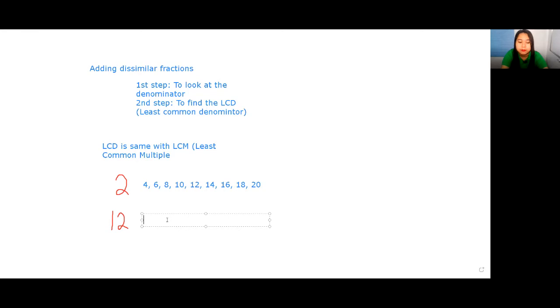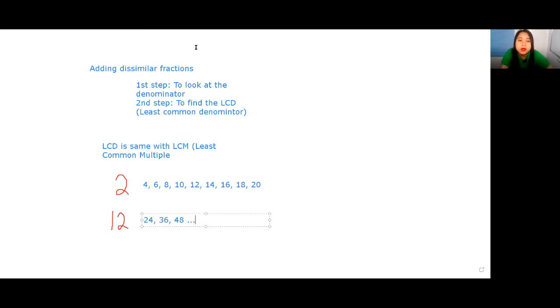So 12, very good, 24, 36, very good, 48, very good, and so on. So let's see, we need to find the least common multiple.